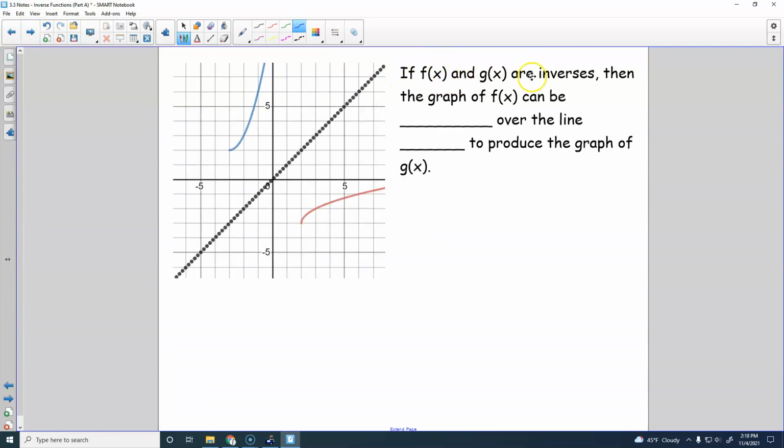If f of x and g of x are inverses, then the graph of f of x can be reflected over the line y equals x to produce the graph of g of x.